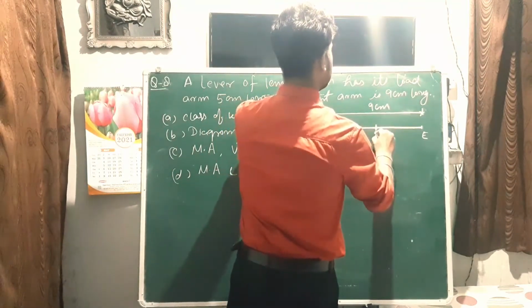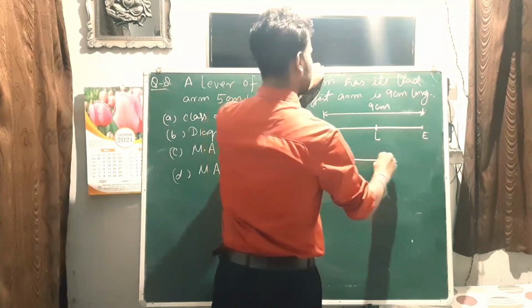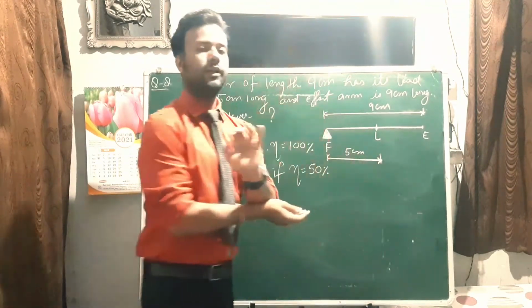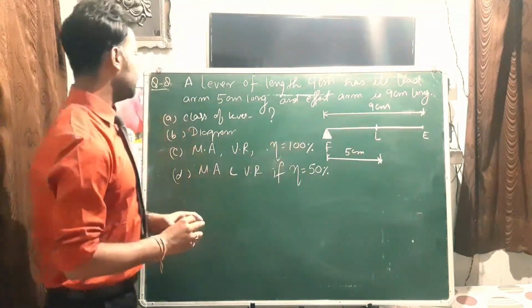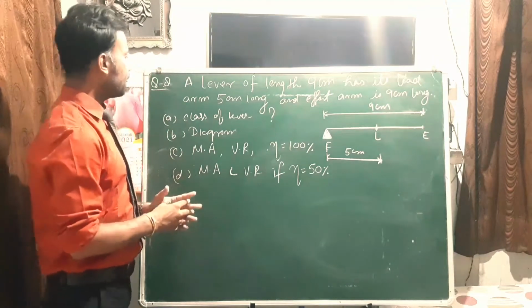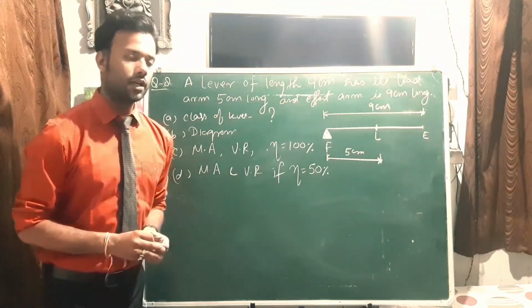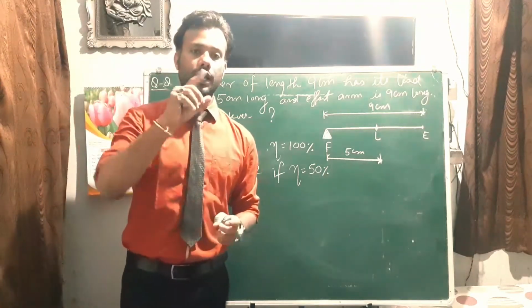So this is the load which is at 5 centimeter from the fulcrum, right? So this is the diagram. What do you have to calculate? The class of lever. The first part, we have to tell what is the class of lever. So again, you know the trick FRE.